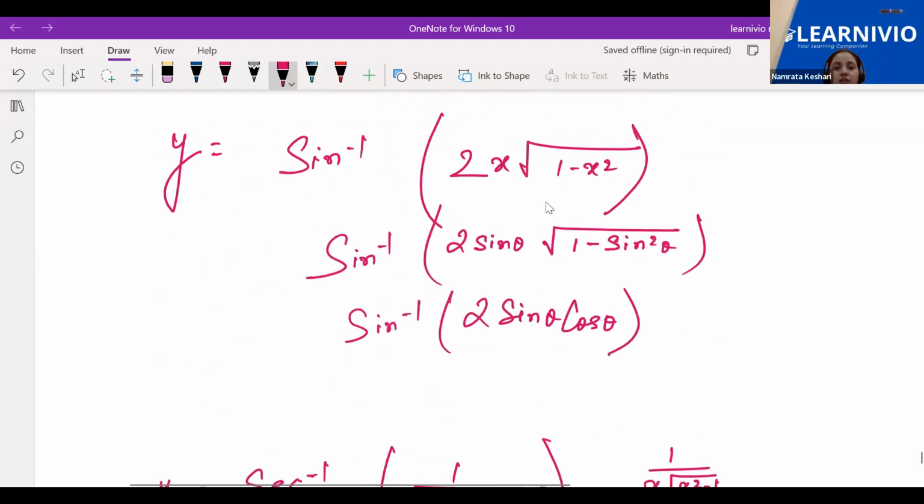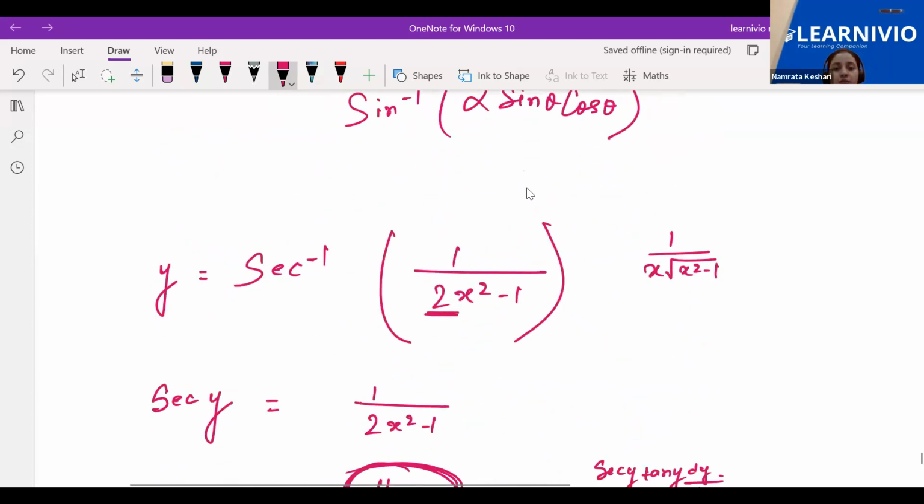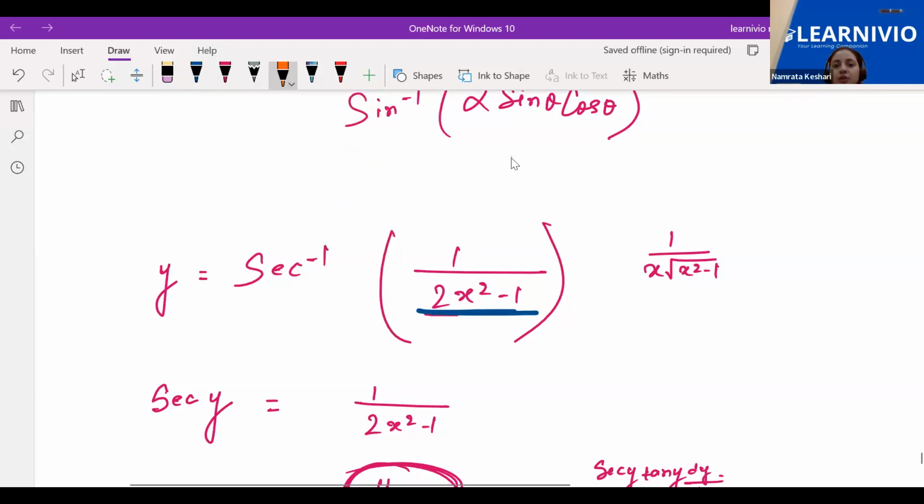Before doing this much, just a question. Now I'm realizing that there is a rule like this. Cos 2 theta has three formulas, right? Basic three formulas. What are those? 2 sine theta cos theta.